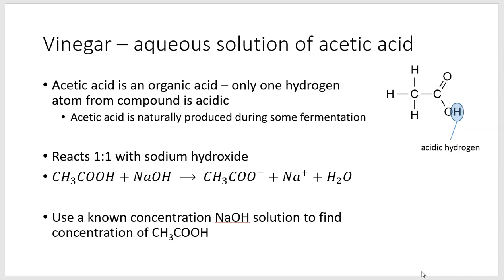We're going to use a known concentration sodium hydroxide solution. We're going to measure the volume of the sodium hydroxide we add. We're also going to measure the volume of the vinegar. And the last thing that we don't know and that we'll find is the concentration of acetic acid in the vinegar.